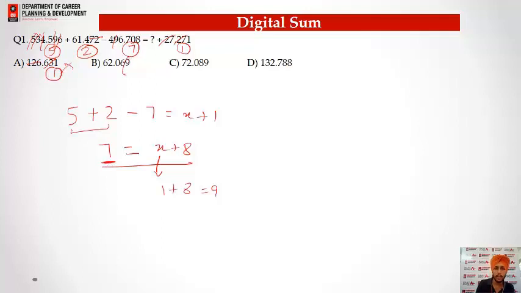So again here I can ignore this 9, so the digital sum of this option will be 6 plus 2, 8 plus 6, 14, digital sum of 14 will be 5. So let's put 5 here. 5 plus 8 is equal to 13, the digital sum will become 4, but we need 7. So again this option will be eliminated.